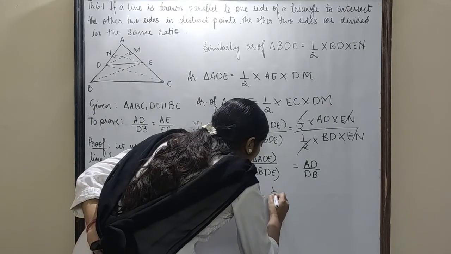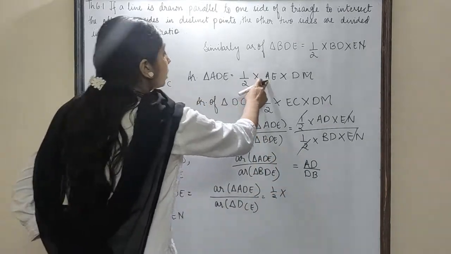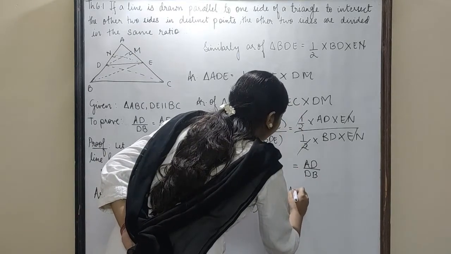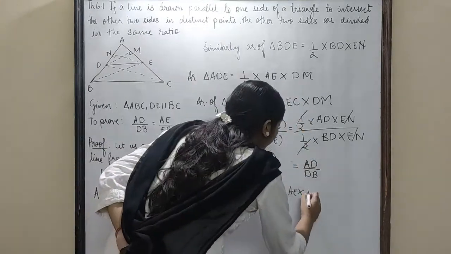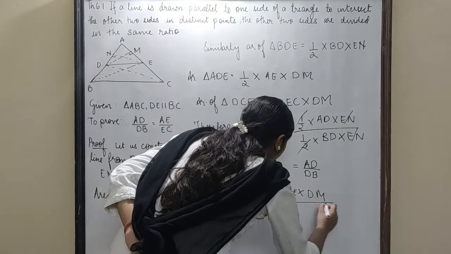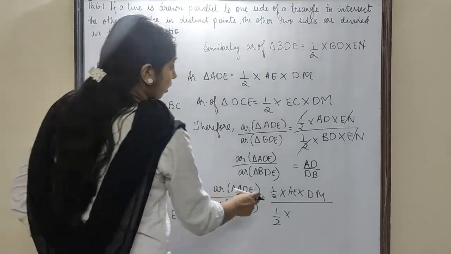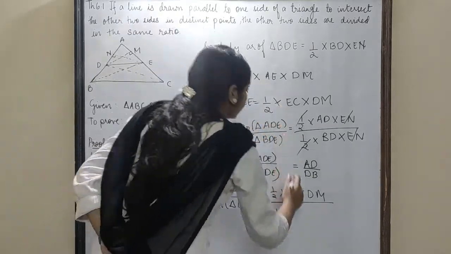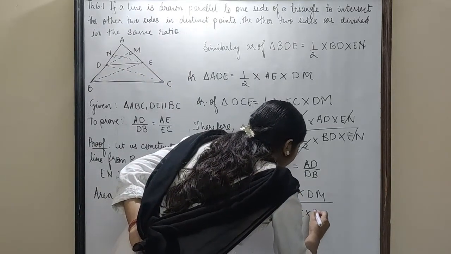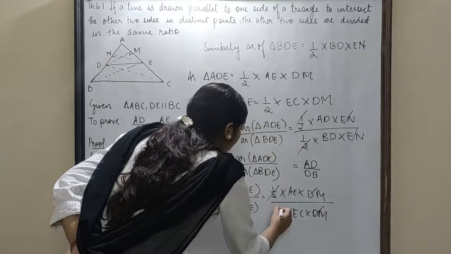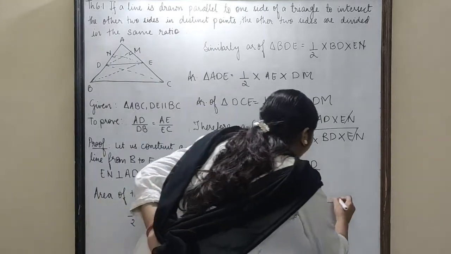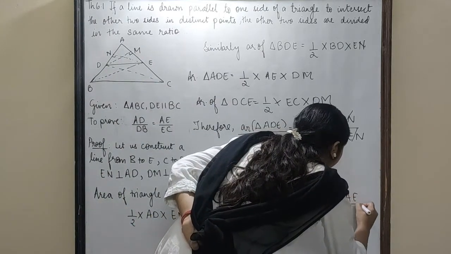is equal to half into base AE into height DN, whole upon half into EC into DN. DN and half get cancelled. We have AE upon EC.